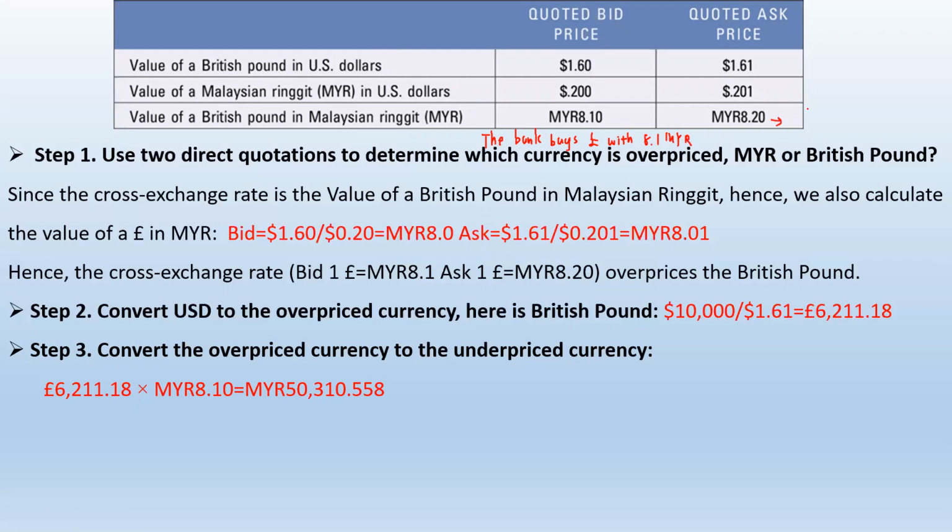And the ask price means that the bank sells British pound in exchange for 8.2 MYR. So basically here, we need to sell British pound. We need to sell British pound. And this means the banks will buy. And then we use the bid price.